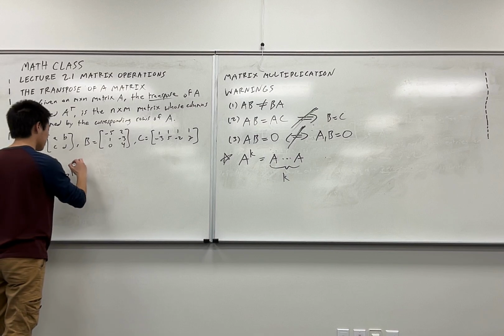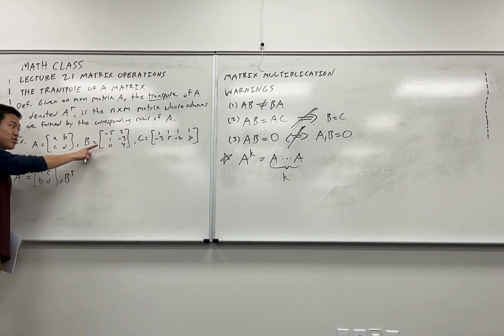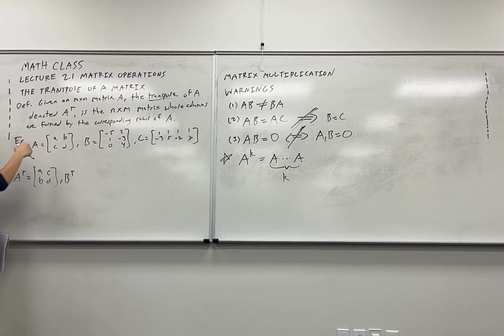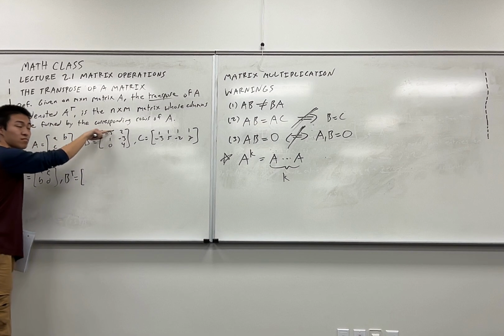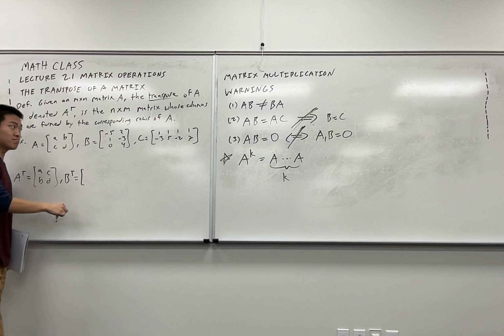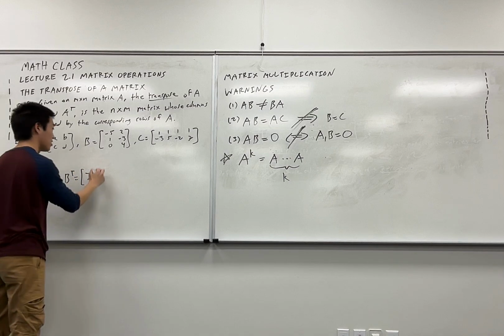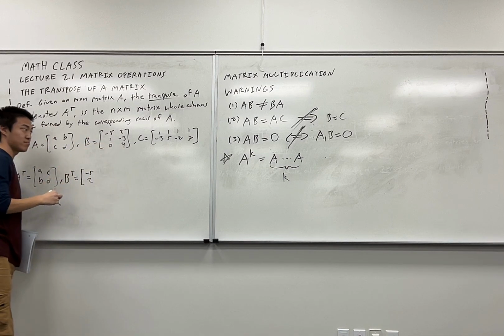Okay, for B transpose. Now, dimensions of B, what's the size? 3 by 2. So we know that the transpose is going to be 2 by 3. Okay, read out the first row. Okay, so what's the first column? That's 5, 2. Read out the second row.